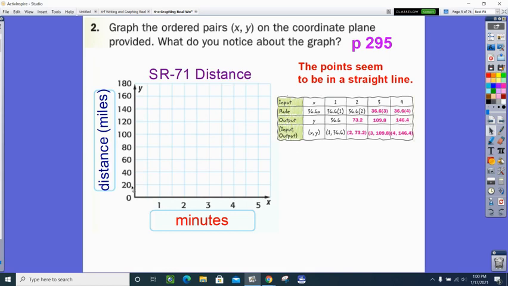So notice I'm going by 20s. So 20, 40, 60, 80. Every block has to have the same number of miles going up. You wouldn't go from 20 and then to 60 and then to 80 and then to 140. Each block here represents 20. Now, please, please, please listen. When you're picking scales, 3, 7, 11 are horrible numbers to pick.